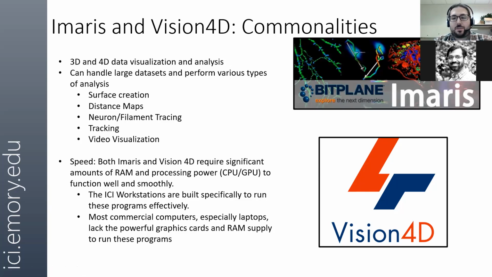So if any of you install the viewer for Imaris on your local computers, or you get a trial license for these softwares, its performance on a local commercial computer may be very much inferior to how it would behave on one of our workstations, because our workstations are designed for that kind of software to run effectively.